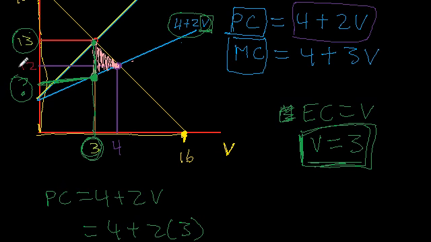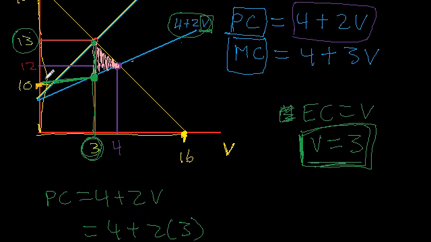So instead of this question mark, we can now say that that point right there is 10. I'll create a bit of space by erasing that, and then I can write it in.